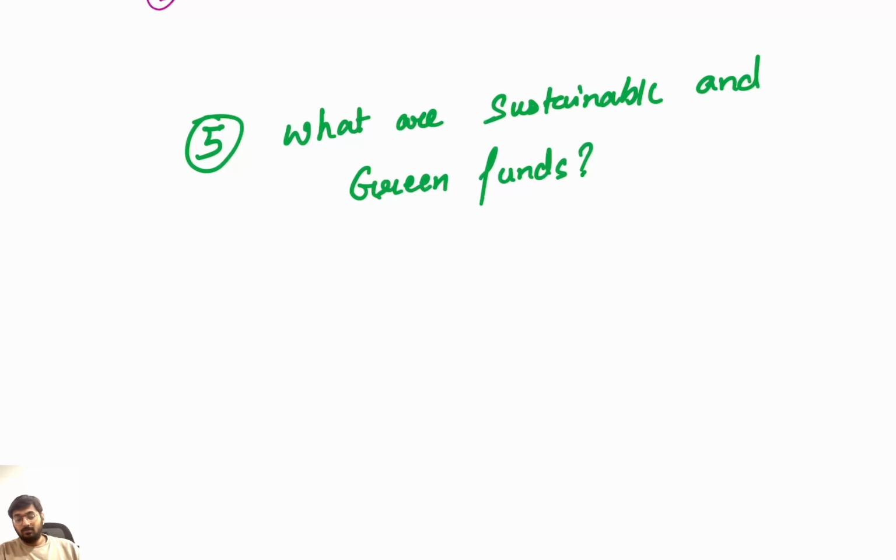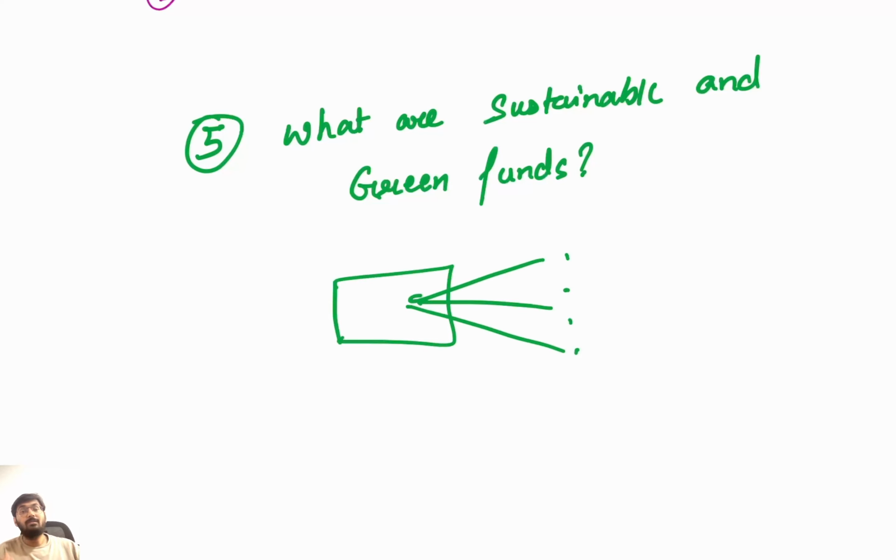Now we know that these things, sustainability, climate, environment, have been coming for many years, say 5 years, 10 years. So down the line, many investors, many companies have created these types of funds, started these types of bonds. Clear? Now suppose these are the companies, thousands of green bonds are available in the market.